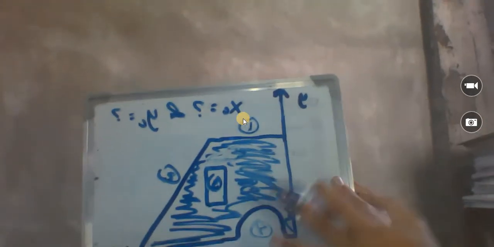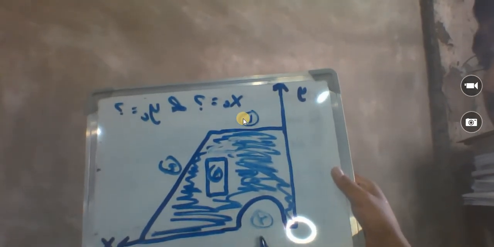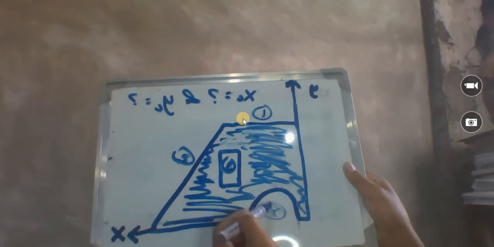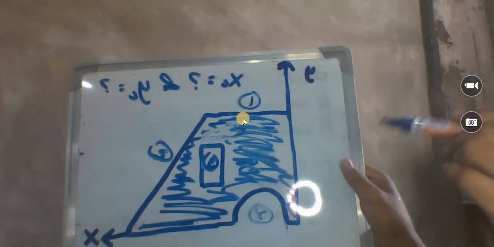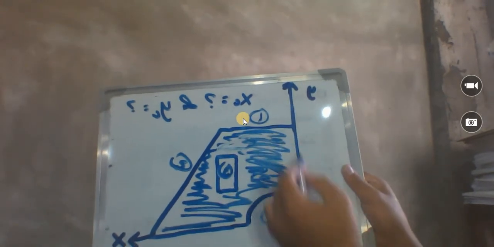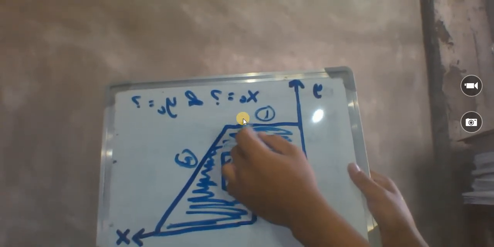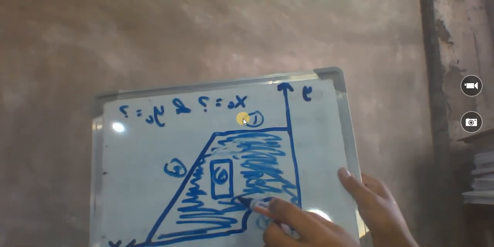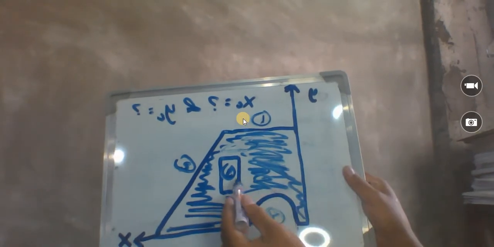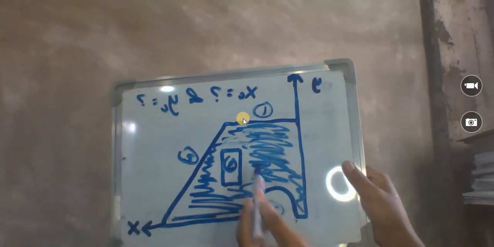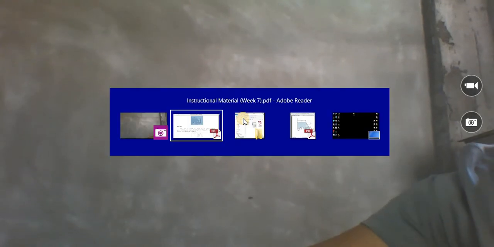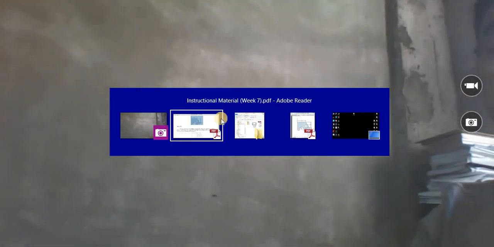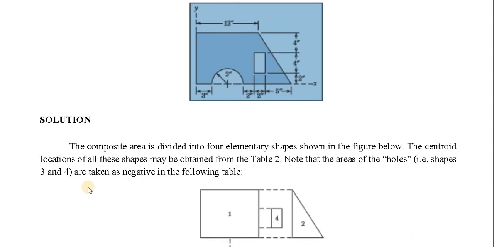To analyze this type of problem with a hole, where the hole is the third and fourth shapes, what you should do is subtract. Take all the properties of the first rectangle and the second triangle, then subtract the holes, shape number 3 and shape number 4. That is how you analyze a composite area involving a hole. So, let's proceed to our solution.